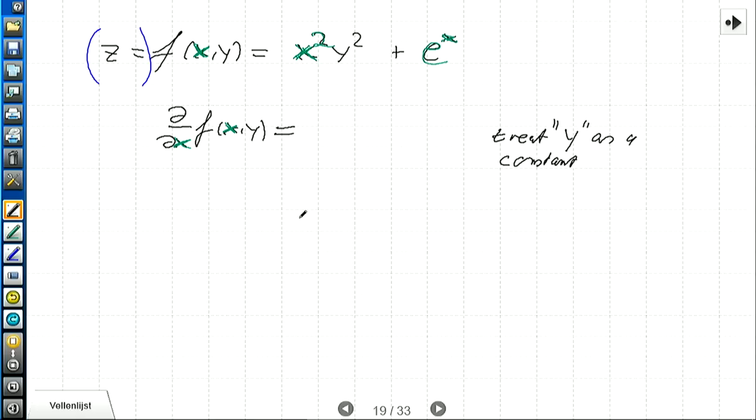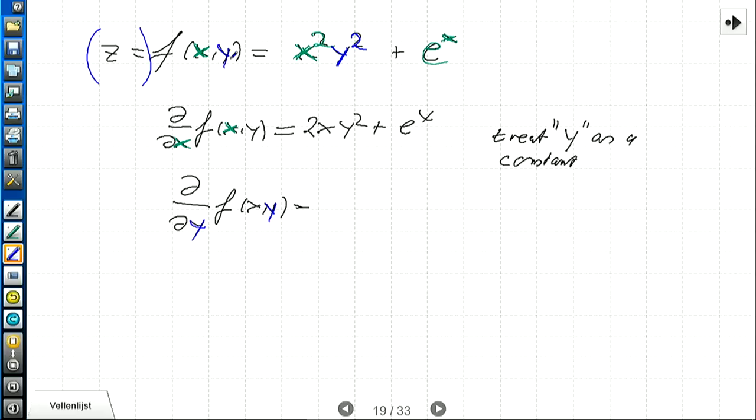Once you click into the setting, I have no doubts that you can do this. This is 2xy squared plus e to the power x. Alternatively, if I do it with respect to y, what happens now? Now I'm living in the y world. I always ask why. Then the y is the argument I'm looking at.